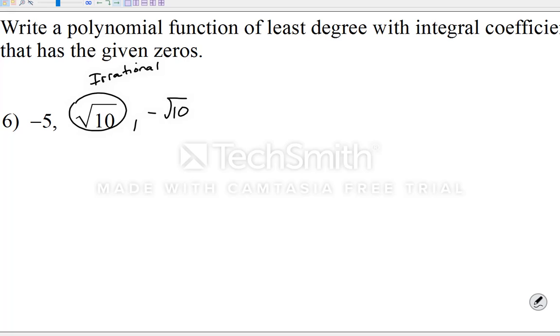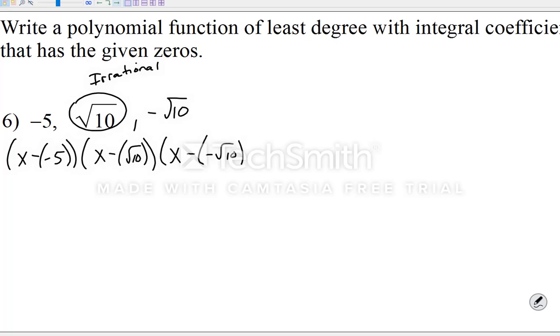So remember, this is x minus a negative 5, x minus root 10, and x minus negative root 10. So this is x plus 5. This is x minus root 10. And this is x plus root 10.